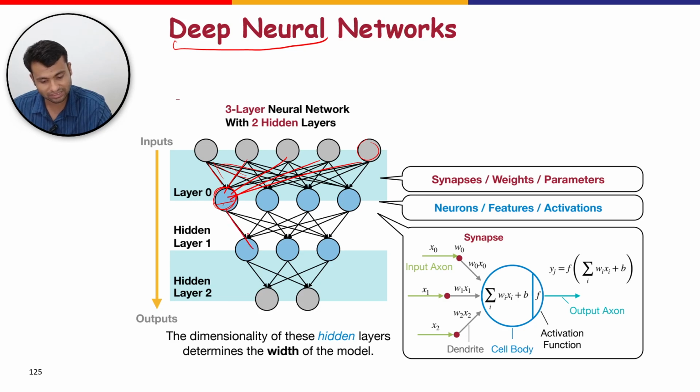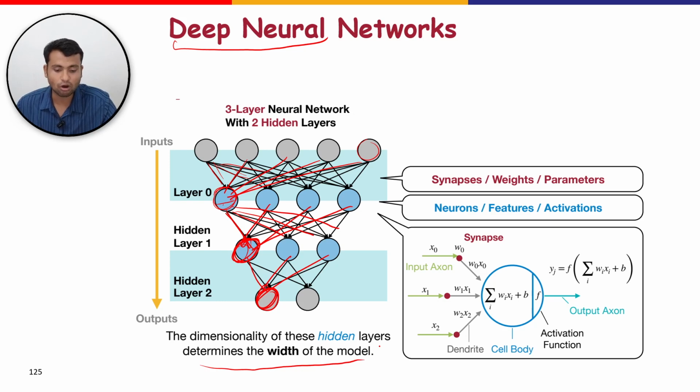In the next layer, again for a single node, the input is coming from multiple sources, and the same operation happens. For calculating the final output, this operation happens again. The dimensionality of these hidden layers determines the width of the model, that is, how wide the model is.